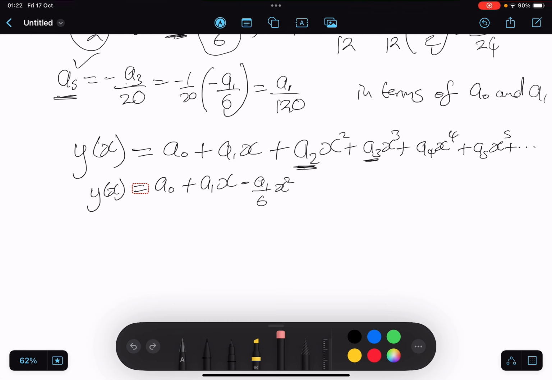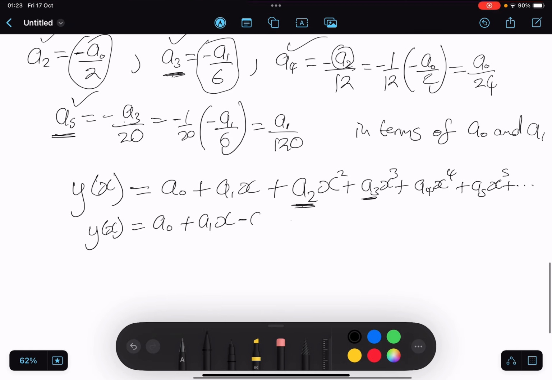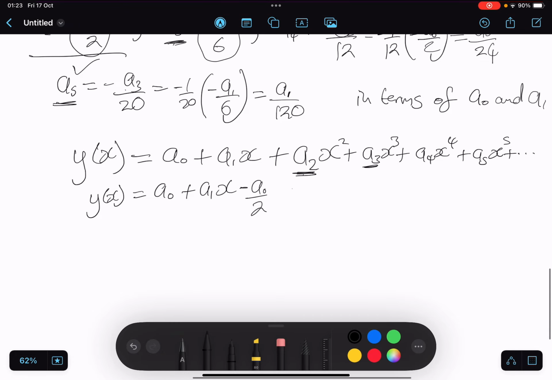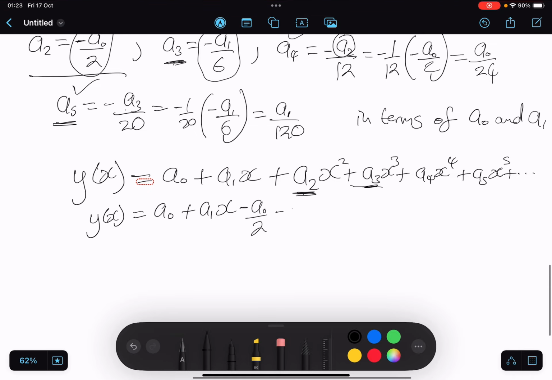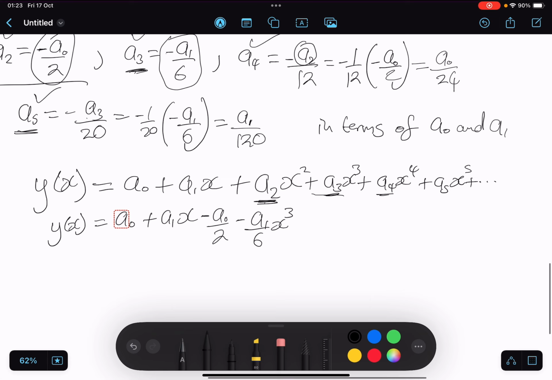So we're going to have A2 is minus A naught over 2 from this expression, and then A3 is going to be minus A1 over 6 x cubed, and then A4 is what?